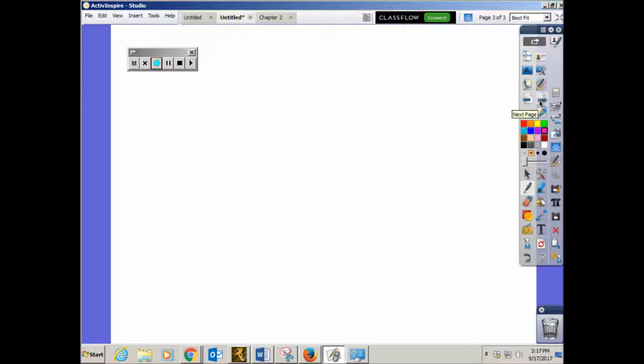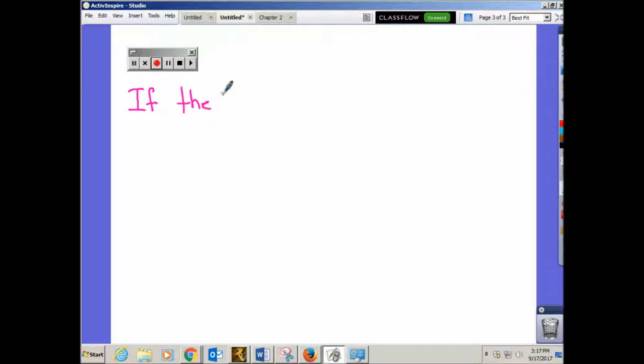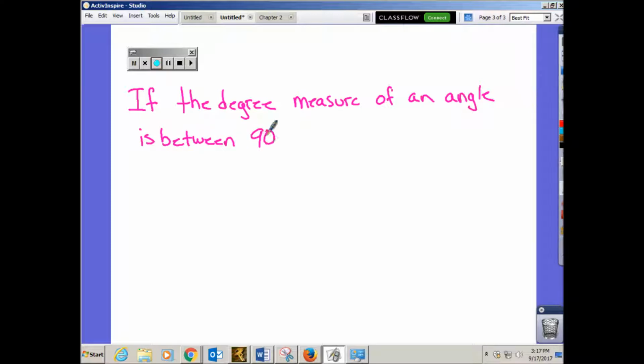So let's talk about our next one. If the degree measure of an angle is between 90 and 180 degrees, then the angle is obtuse.